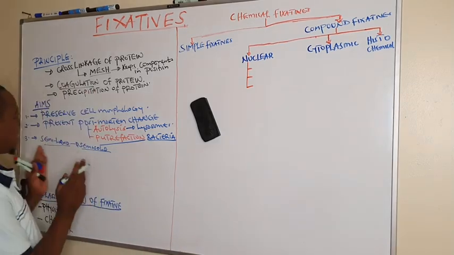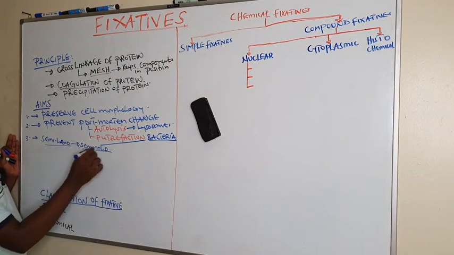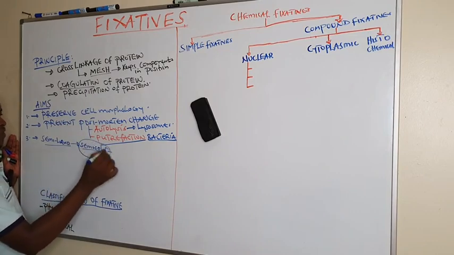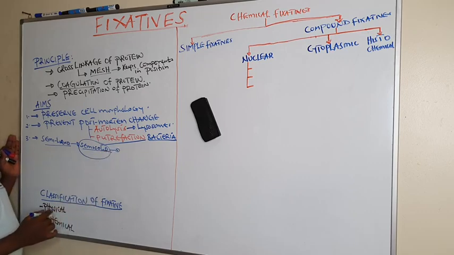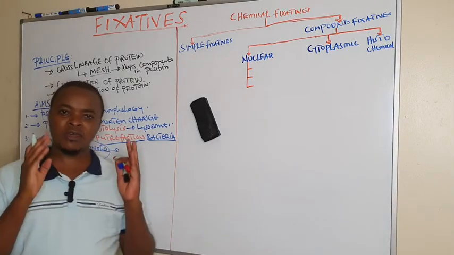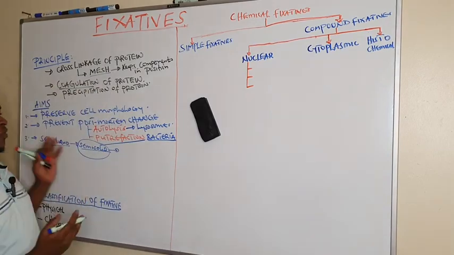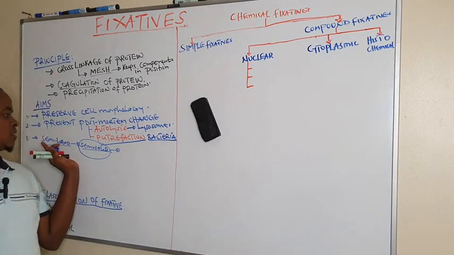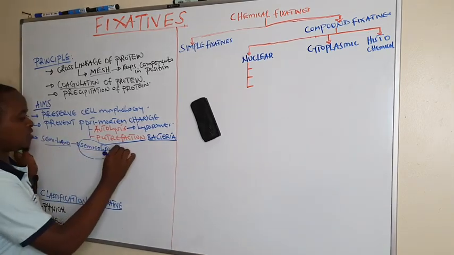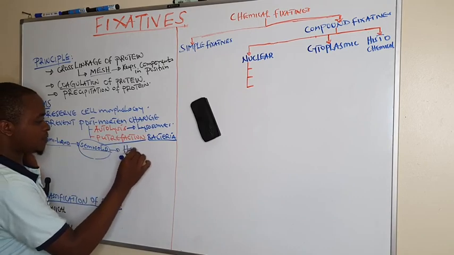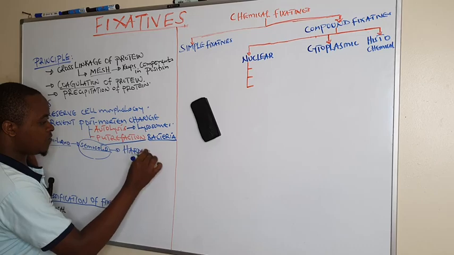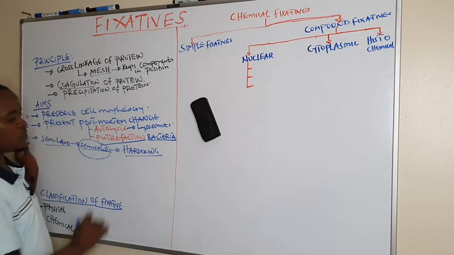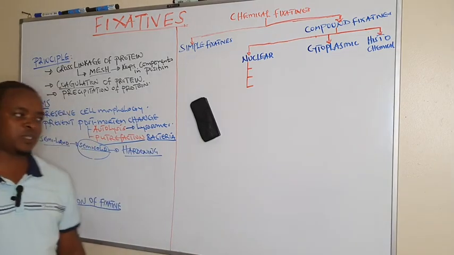So it renders them rigid, forming a semi-solid state, so that during tissue processing they remain with their integrity without tissue damage. This causes hardening of the tissue, so that during processing they are not damaged.